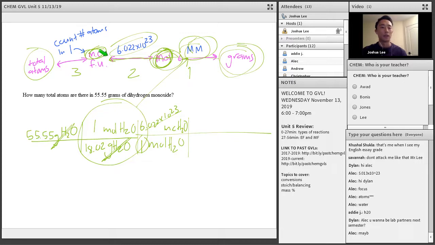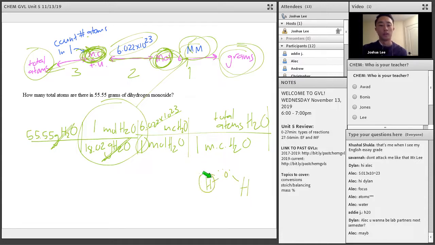Now I'm at molecule, and the last step is to get to total atoms. So I want to get rid of molecule of H2O and go to total atoms. It says count the number of atoms in one of these. In one molecule of H2O, how many total atoms are there? There's 1, 2, 3. 3 total atoms, molecule cancels out.